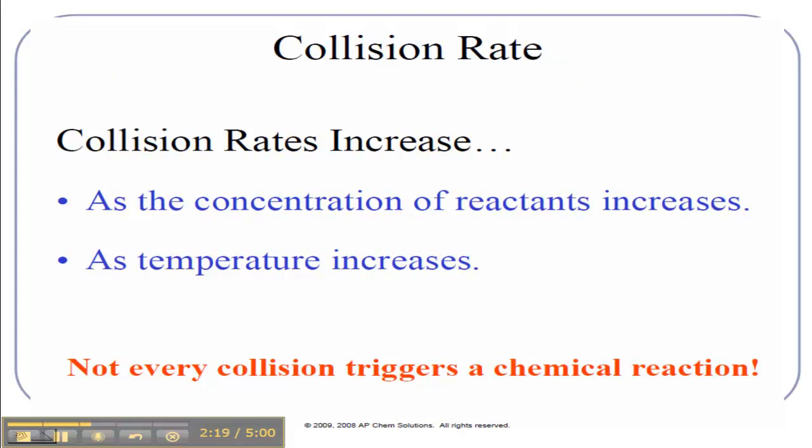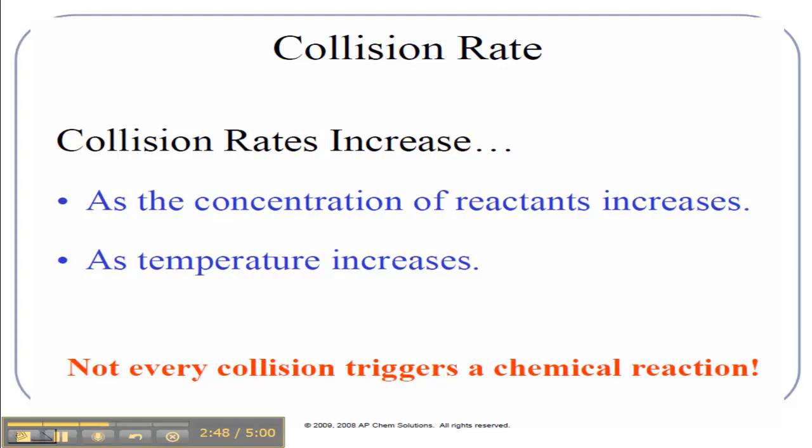So for a reaction to take place, the molecules have to bump into each other. The more reactants there are in a system, the more collisions there's going to be per second. As the particle size increases, your surface area is going to decrease. If you increase your surface area, that's going to increase your collisions.